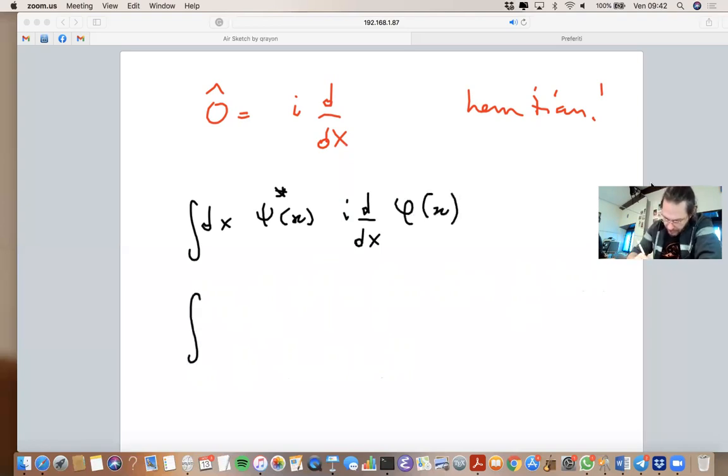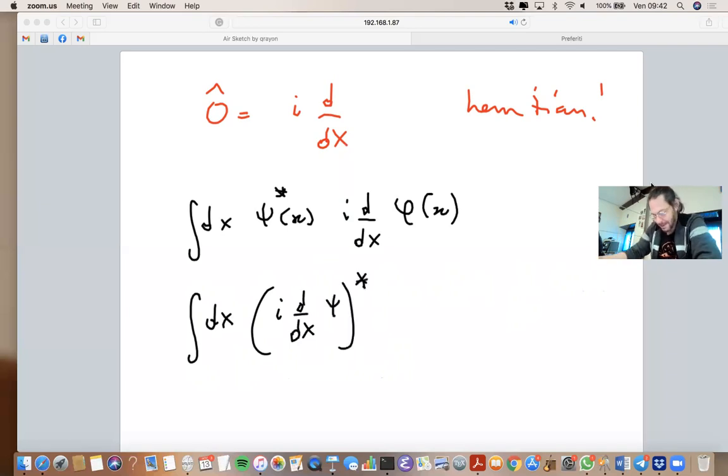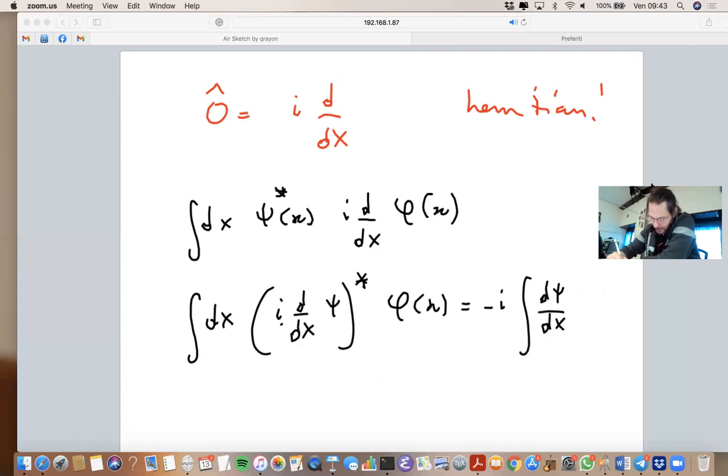And now I compare this with integral dx, i d by dx psi star, phi of x. Now you see what happens when I pull out the i: I get a negative i integral dx d psi by dx phi.